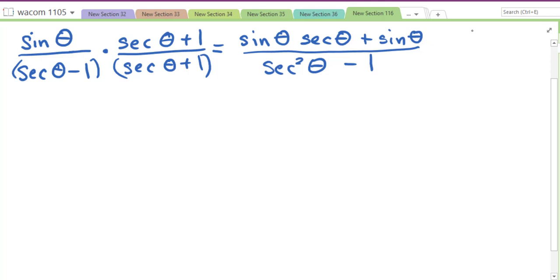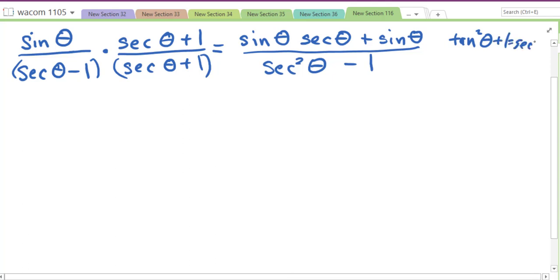And this one is going to give you one of the Pythagorean identities. It is a version of, I'm going to write it here and then I'm going to erase it in case it's in my way. It is tan squared theta plus 1 equals secant squared theta. All right? So if we just move the 1 to the other side, then secant squared theta minus 1 would equal tan squared theta.